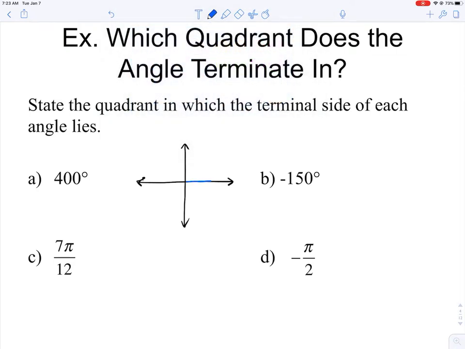So if this is the initial ray along the positive x-axis, as we're thinking about this angle being in standard position, starting along the positive x-axis, it would rotate and go past that full rotation and then terminate in the same place as 40 degrees. So in quadrant 1.